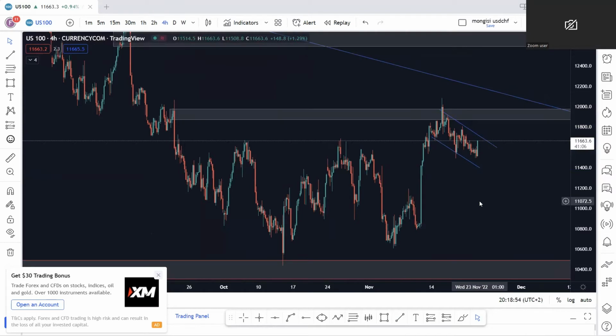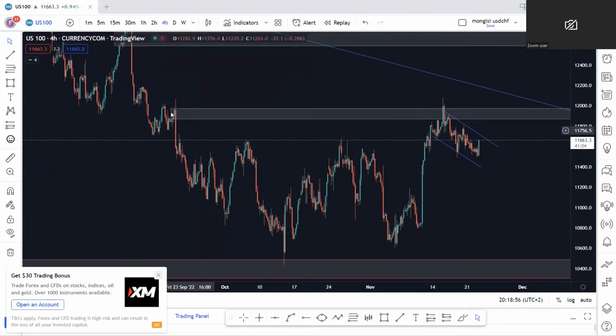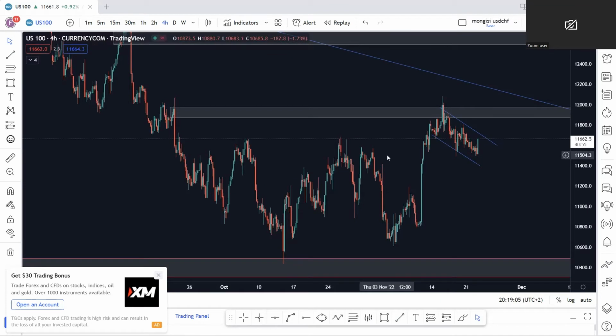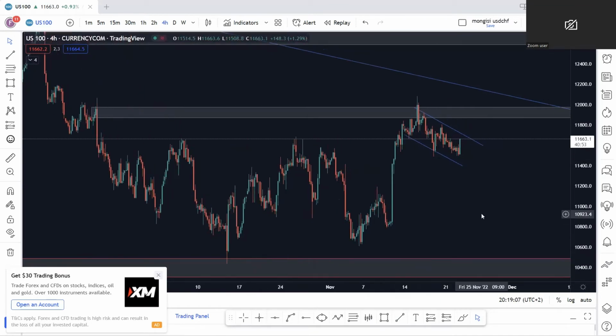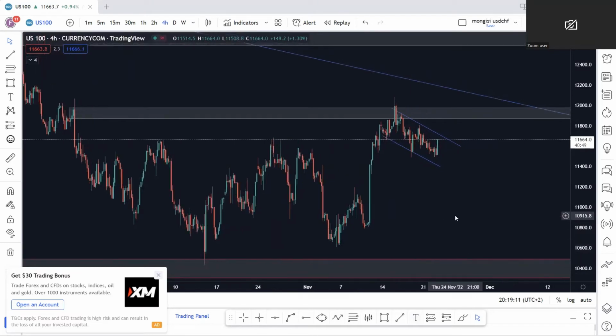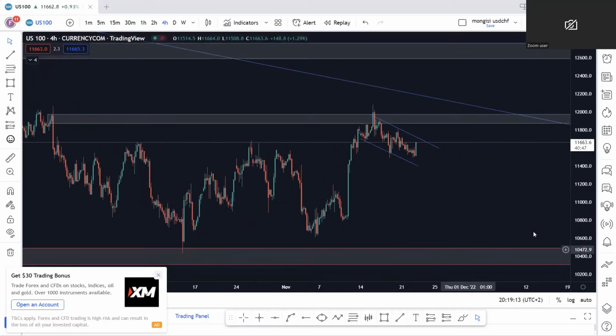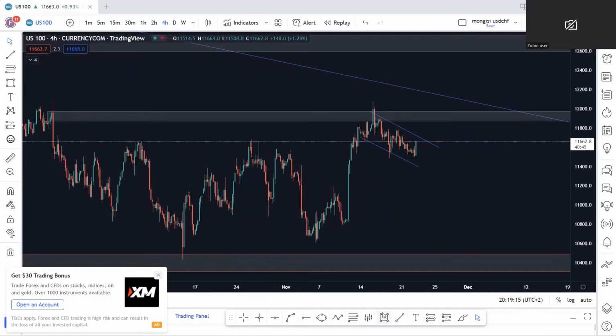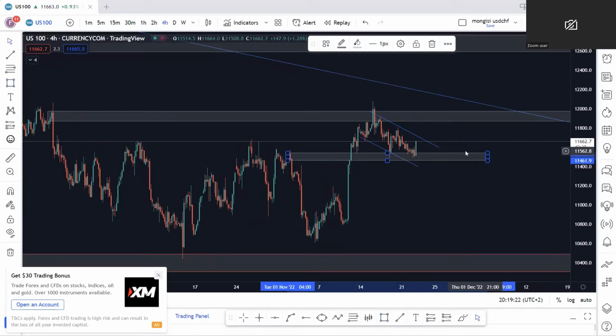With this movement, we have this order block, which was obviously mitigated by this bullish candle. So now we're going to look for another order block, which showed resistance and support. Here, I can see there was a resistance which was broken.